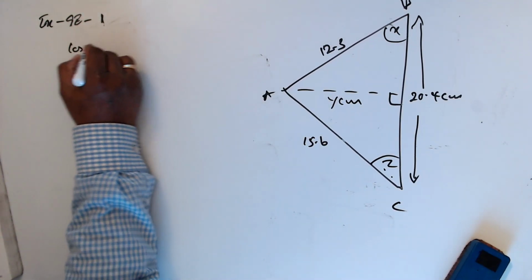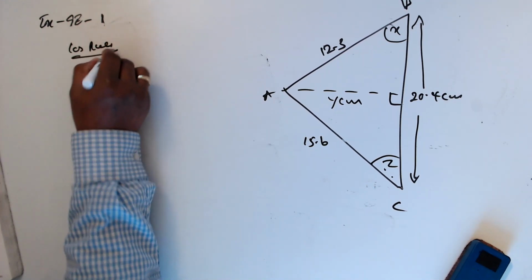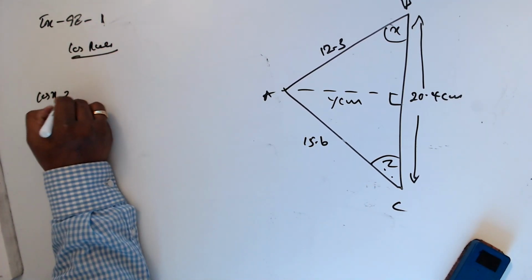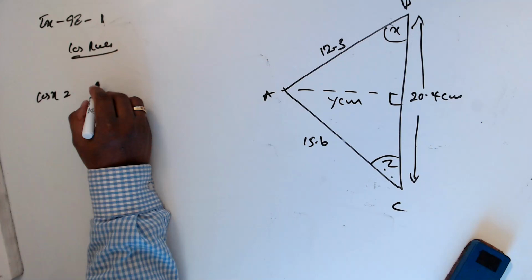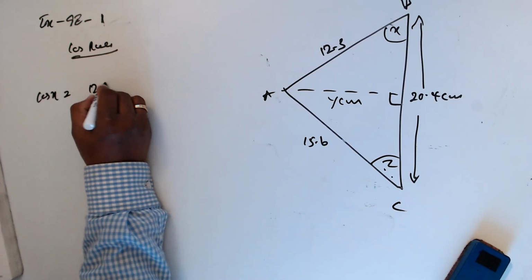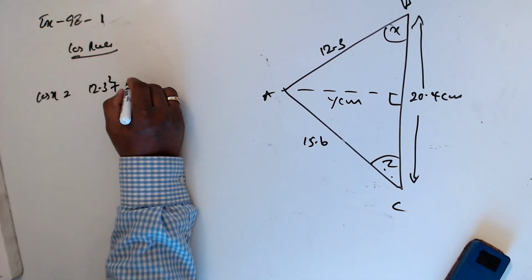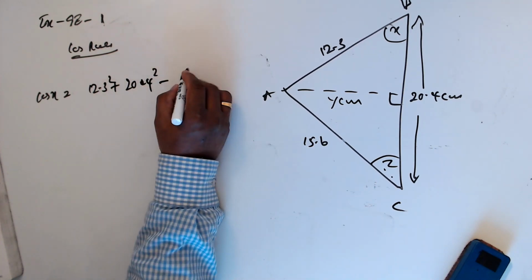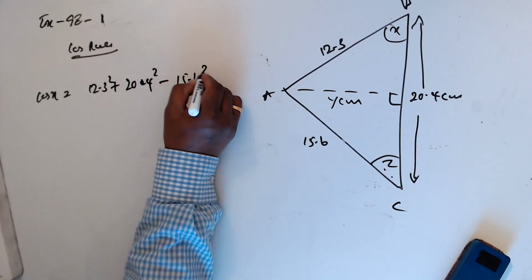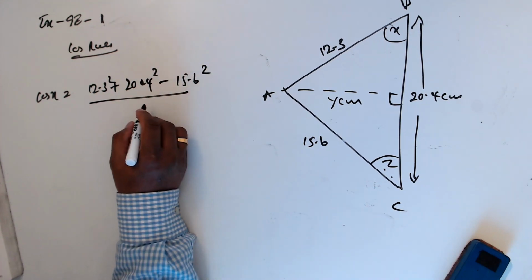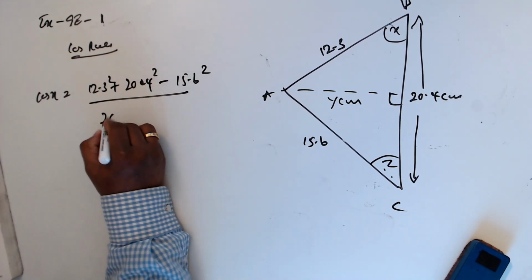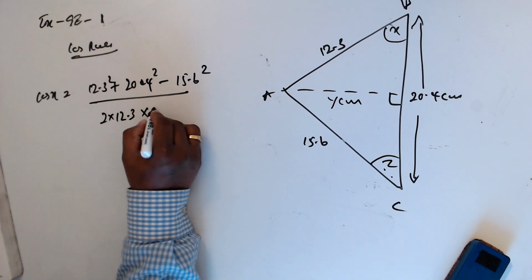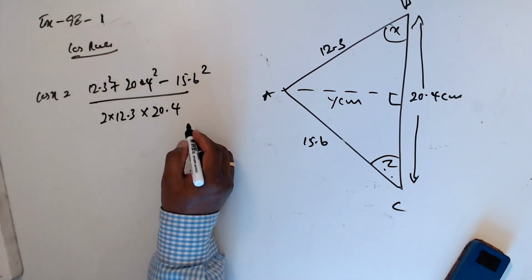From the cos rule, cos x equals 12.3 squared plus 20.4 squared minus 15.6 squared, divided by 2 times 12.3 and 20.4.